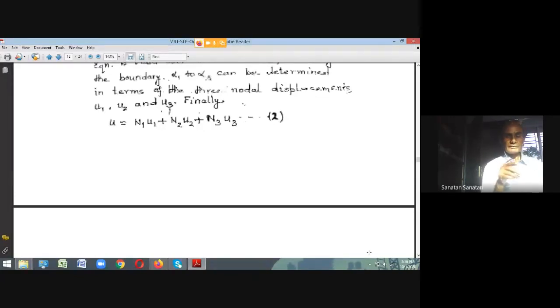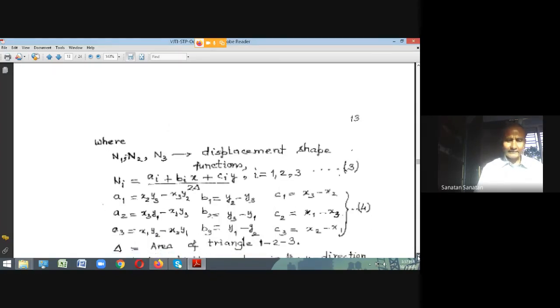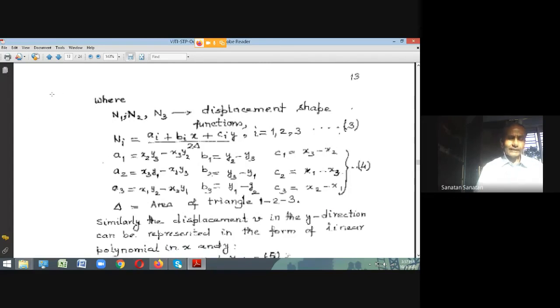This displacement at any point u in the x direction is given in terms of three corner displacements u1, u2, u3. And these constants N1 to N3 are functions of x and y, and the form is explicitly given here. You see, these functions are given in this form: N_i equals a_i plus b_i x plus c_i y, divided by 2 delta. It's a linear function.